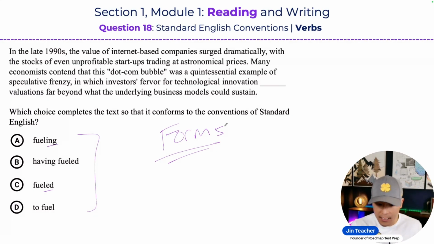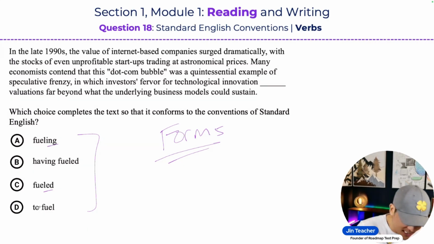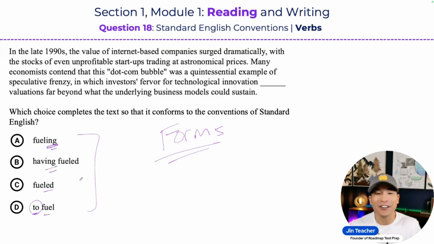So typically, one of the key characteristics that can tell you that you're being tested on verb forms is you're going to see answer choices like to fuel, that infinitive form. You're going to see another one with ing, like having fueled and fueling. Those are some common characteristics that you're being tested on verb forms.